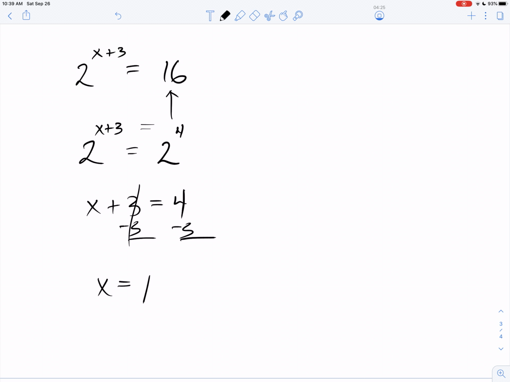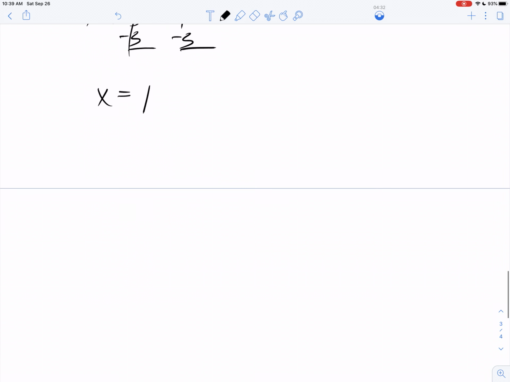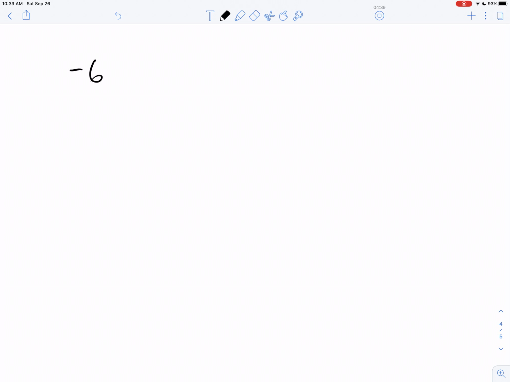So how do they make these bases match style problems more difficult? Well, they try to throw more junk in the problem. So, for example, let me show you something like this. Now they're trying to make it much more difficult for you to guess the answer.